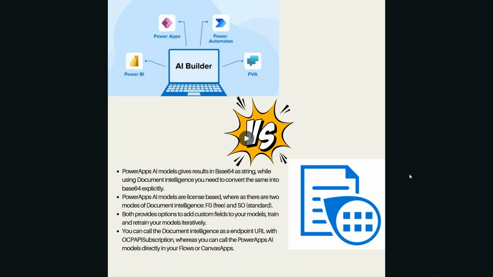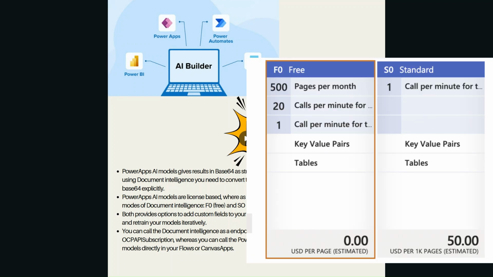But in Document Intelligence or Form Recognizer, there are two modes in which you can create a Form Recognizer resource. One is F0, which is free, and another is Standard. Standard has cost variations.